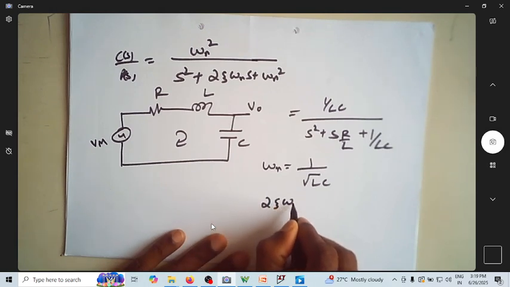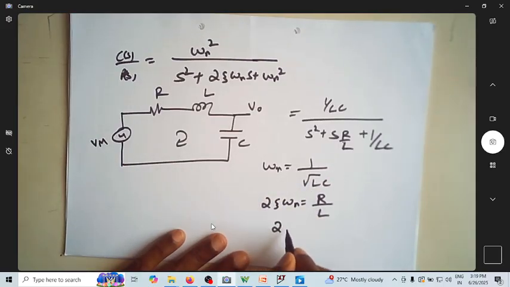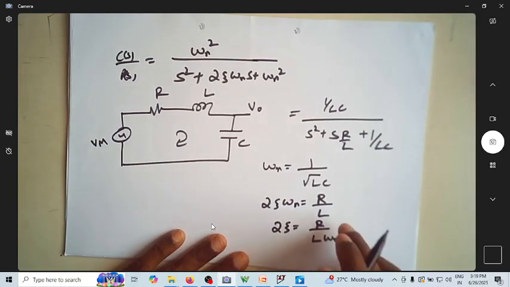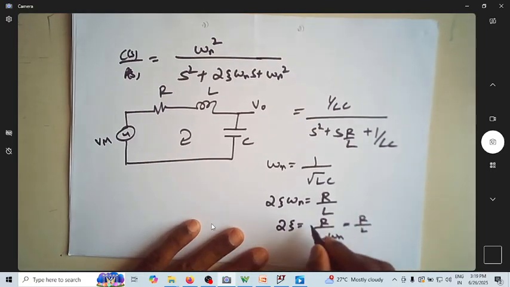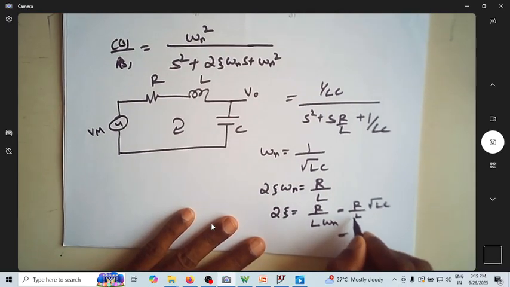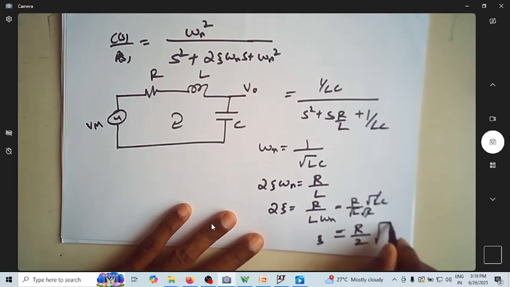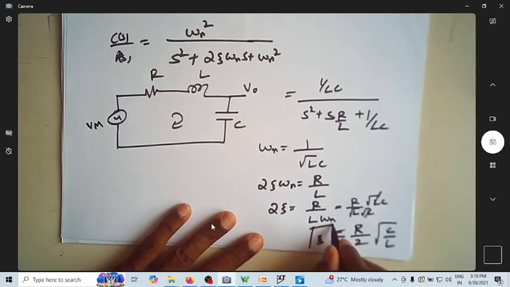Then 2 zeta omega n happens to be R by L. So if you want to find 2 zeta, then that will become R by L omega n. 1 over omega n is root LC, so this will become R. Then zeta will become R by 2 under root of C by L. So this is my zeta value.